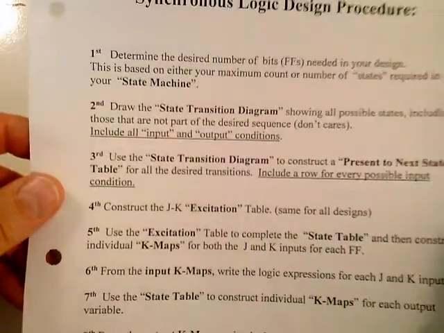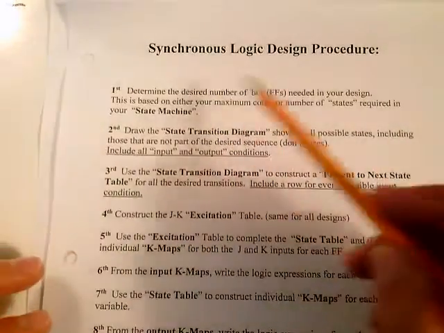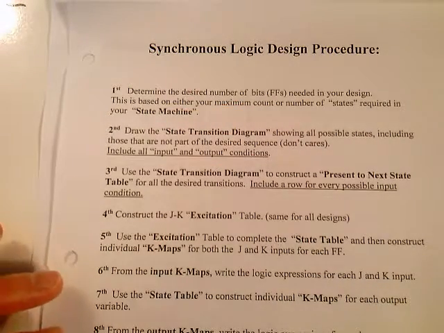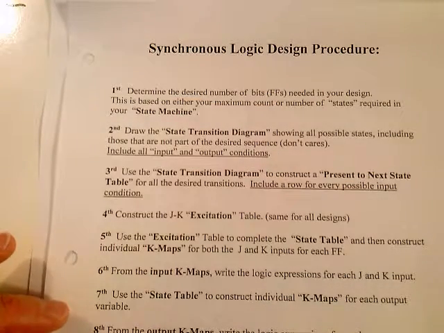If you remember back on page 210 in the lecture notes, we talked about the synchronous logic design procedure. And we said if you followed this design procedure, it would get you to a final realization of a synchronous logic circuit.